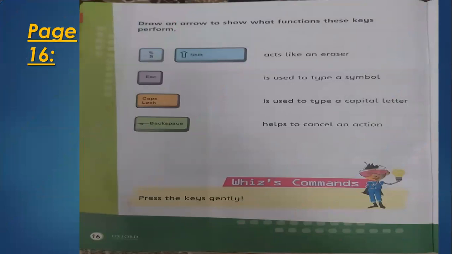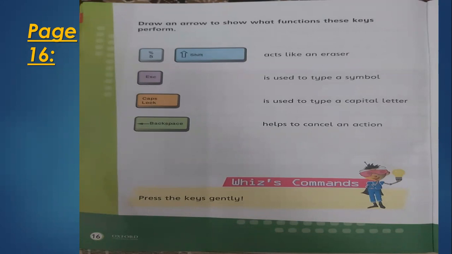So your homework is that you have to draw an arrow to show what function these keys perform. Okay, I'm going to tell you the name of these keys. As you have seen in the first picture, there is a key with number 5 and also shift key. The second one is escape key, third one is caps lock key, and fourth one is backspace key.